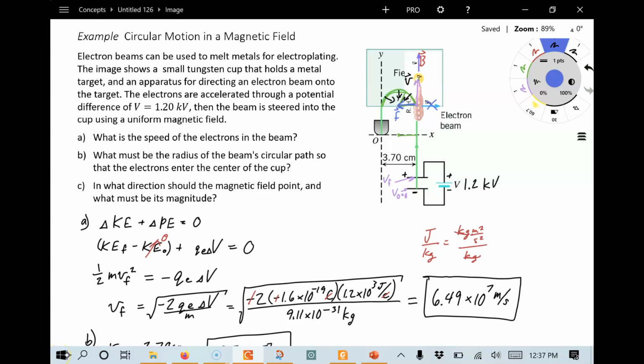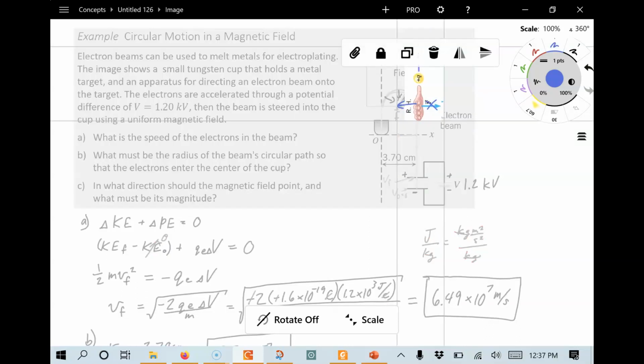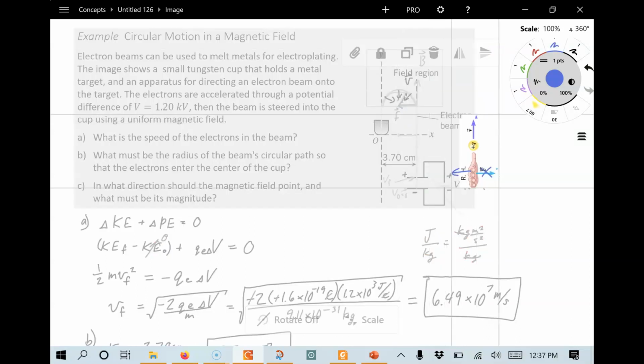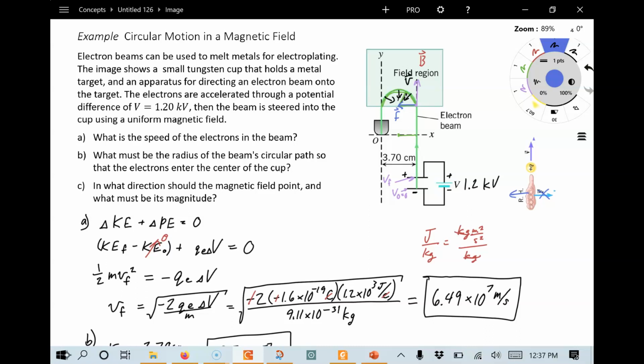Now, let me go ahead and just remove this for a second. And how do we indicate that the magnetic field is pointed out of the page? Well, we draw little dots, and the little dots represent tips of the magnetic field vectors, and they indicate that the magnetic field is directed out of the page.